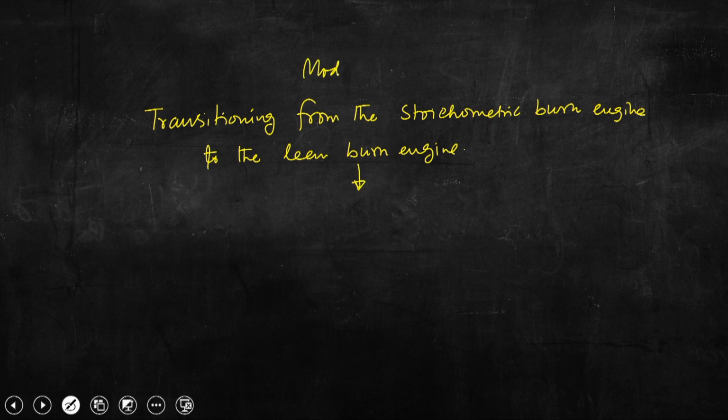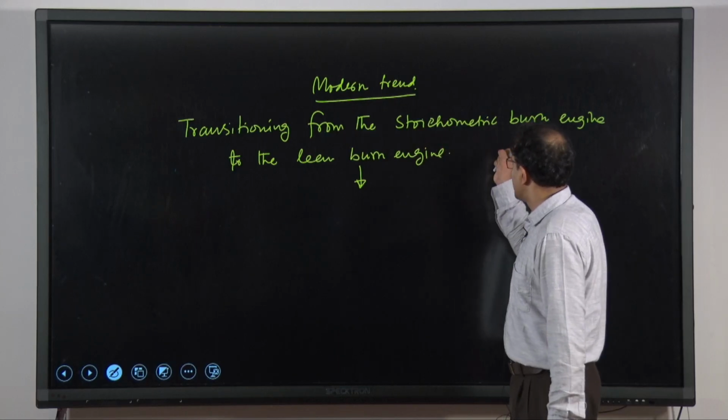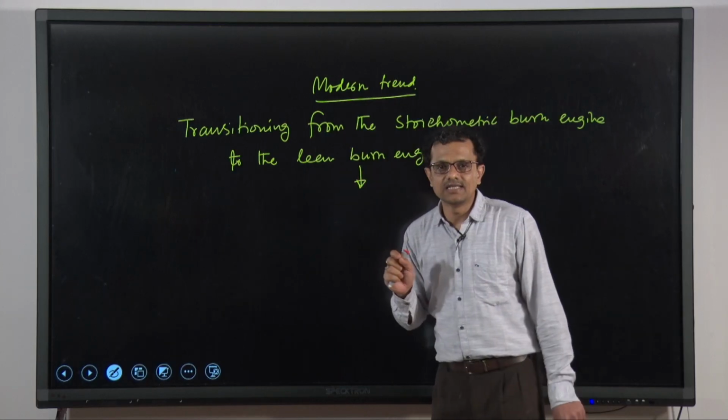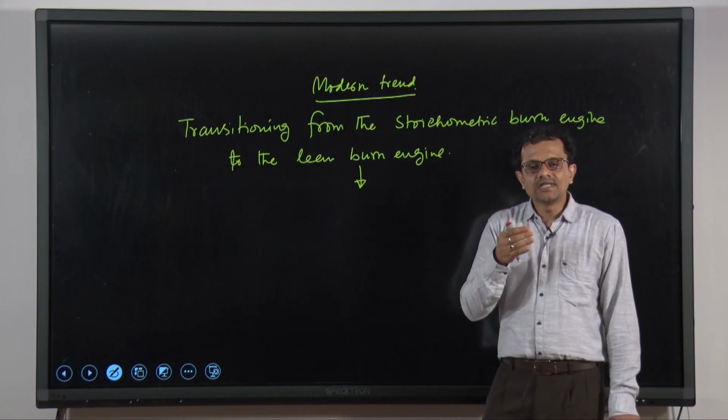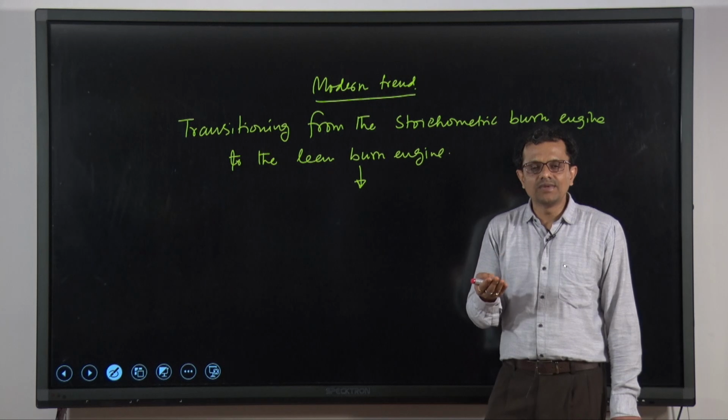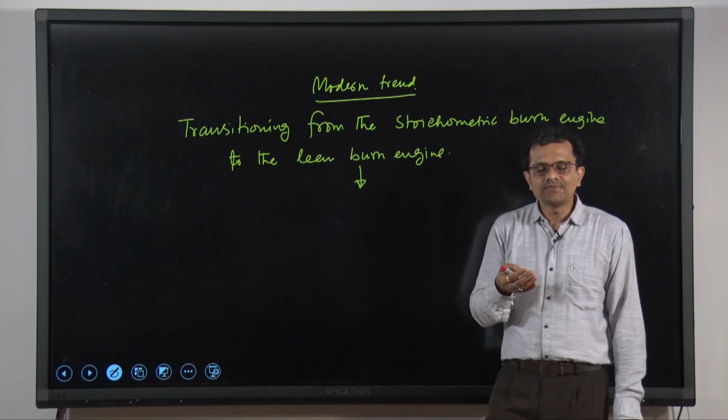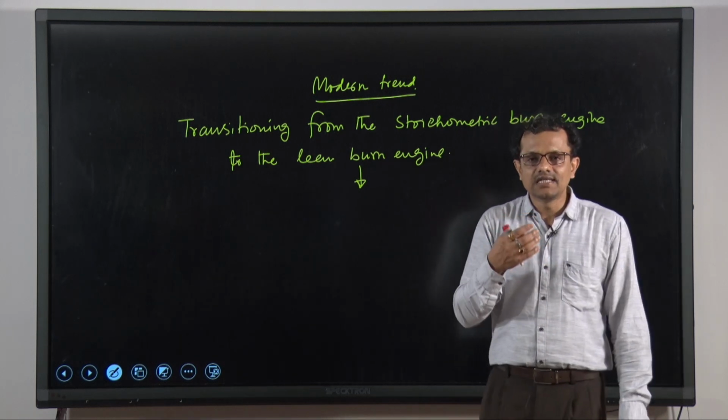This modern trend is quite realistic, because if we shift from a stoichiometric burn engine to a lean burn engine, then the requirement of fuel will be less, and if the requirement of fuel is less, emission will be less. So, we can have a highly efficient engine.